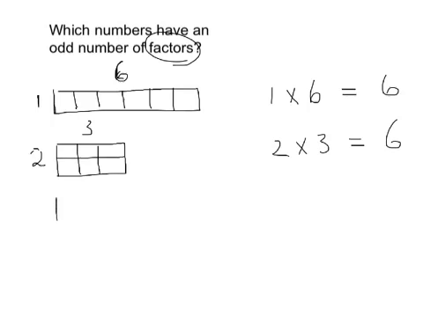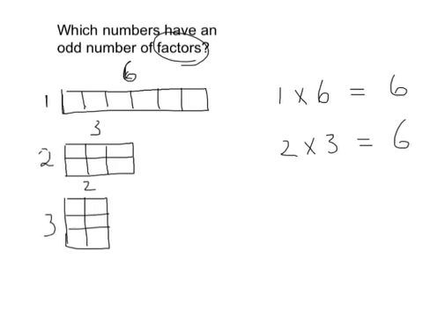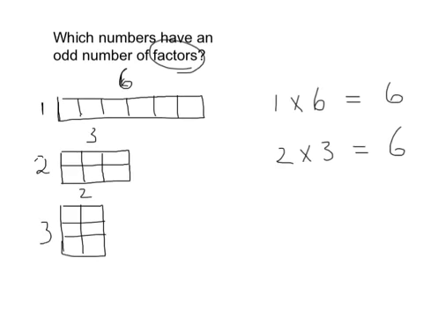Of course I could swap it around like this, and I could make it 3 by 2, because we know that 3 by 2 is also 6. But there's no other way that I can arrange those blocks without cutting them up. So if I want to have just the whole blocks, that's all I can do.